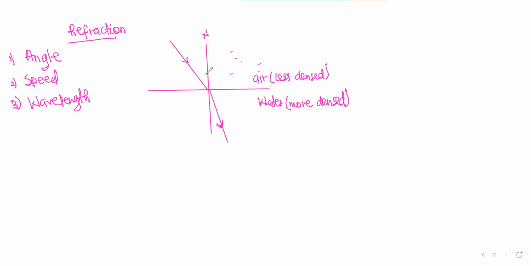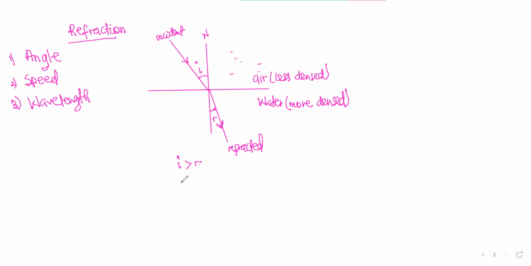So this is the incident ray. This is the refracted ray. This is the angle of incidence I. This is the angle of refraction R. Now, I is greater than R. So when we have this situation, the angle of incidence will be greater than the angle of refraction.